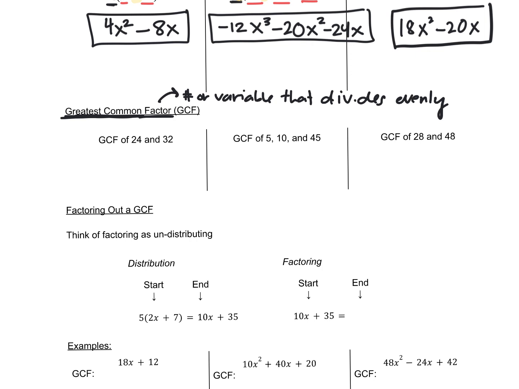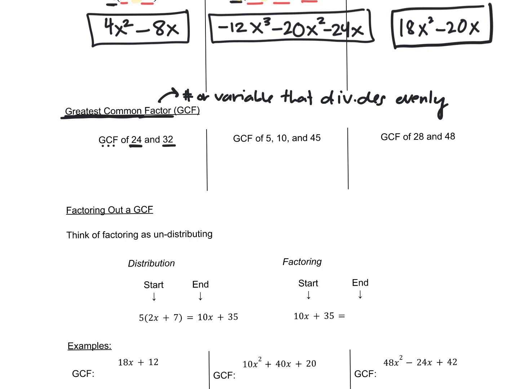So a factor is any number that divides evenly into a term. So the greatest common factor, or the GCF, is the greatest number or variable that divides evenly into 24 and 32. The biggest number possible that divides evenly into both of those terms.